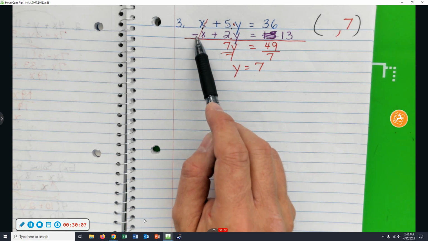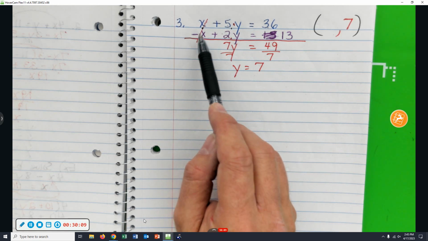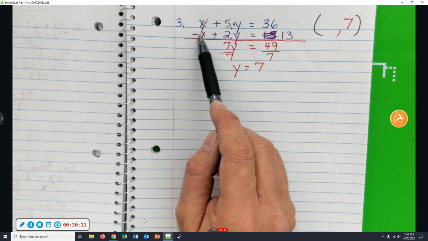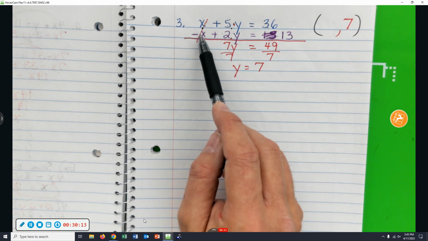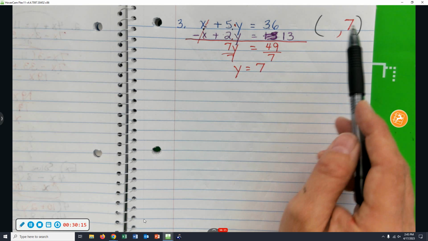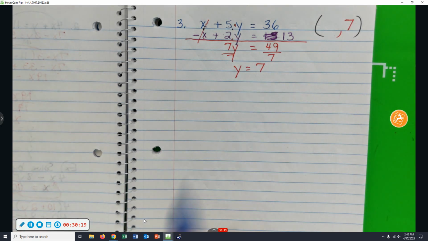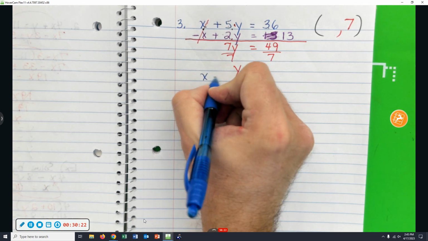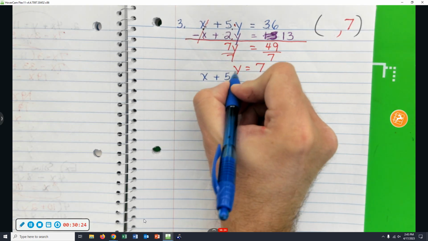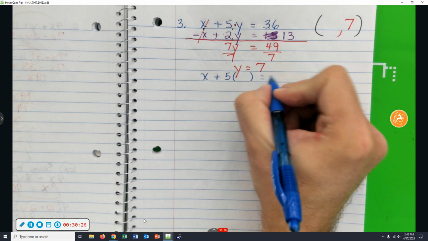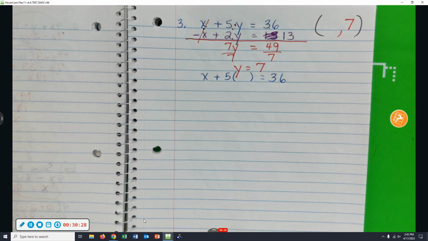Well, I'm using the one without the negative. If you want to use the one with the negative, that's probably going to give you one extra step. If I plug the 7 into that top equation, we'd have x plus 5 times 7 equals 36.